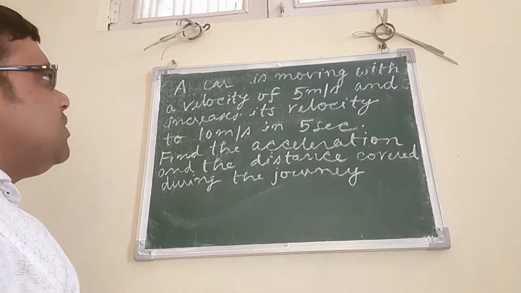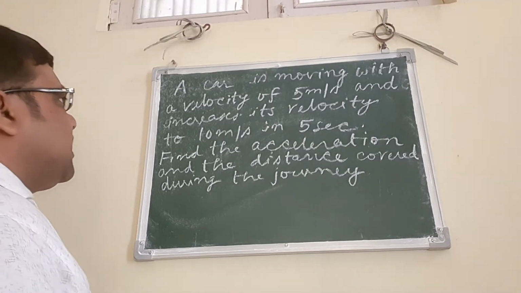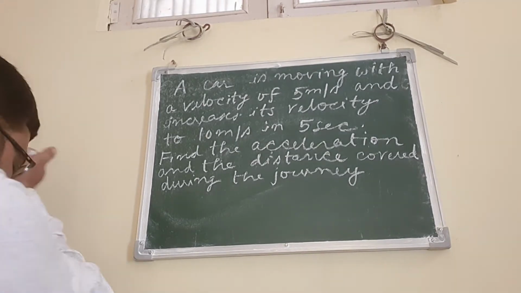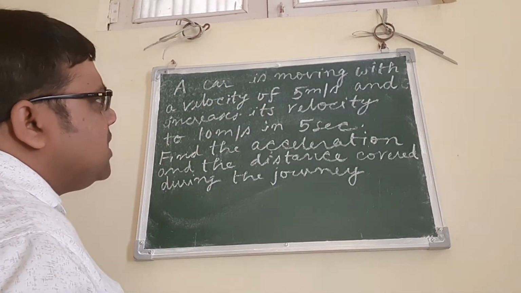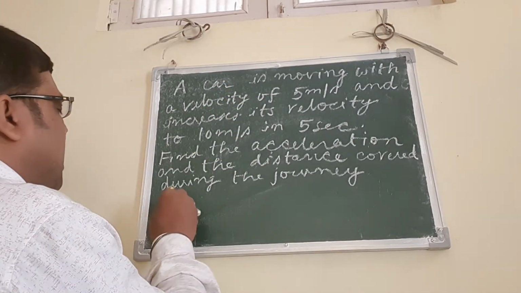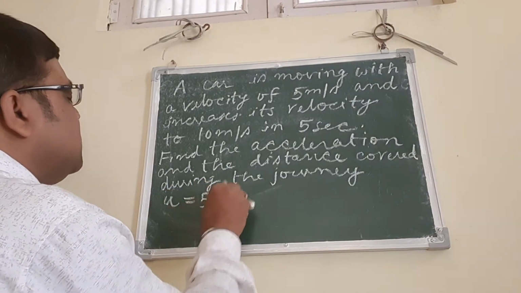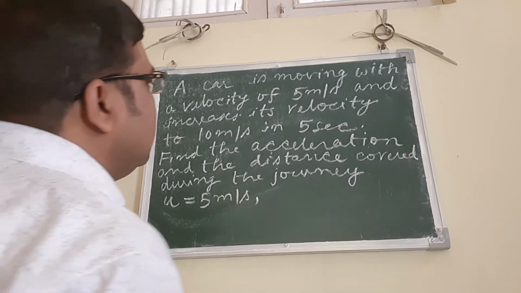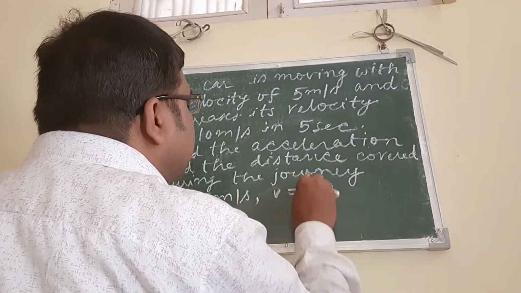We are going to read the question once more, understand it, and we'll write the given things, and then we will do the question. So a car is moving with a velocity of 5 meter per second. So the initial velocity u is 5 meter per second and increases its velocity to 10 meter per second.